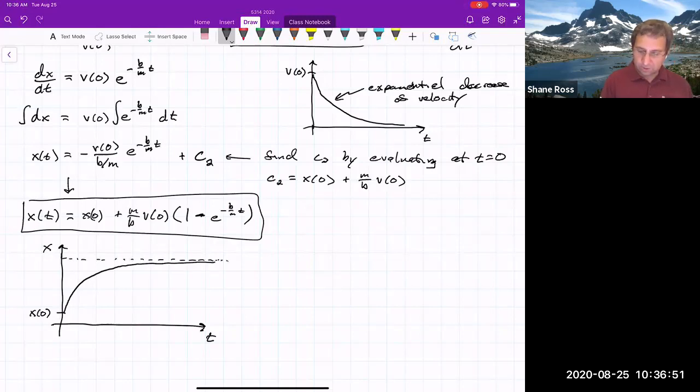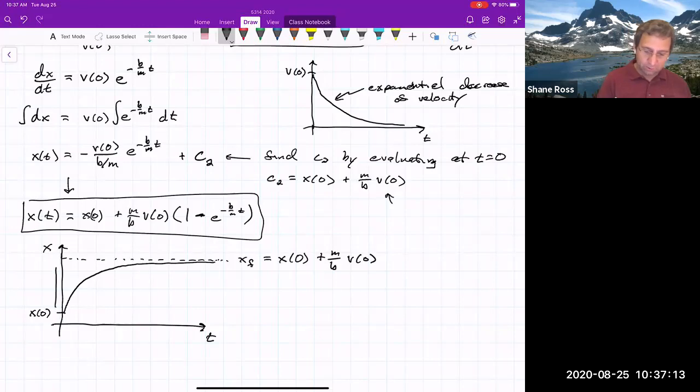It asymptotes to this thing, we'll call it xf. And what is it? It's x0 plus m over b v0. What do you know? It's that second constant of integration over here. That's not a negative in front. That is just a mark.